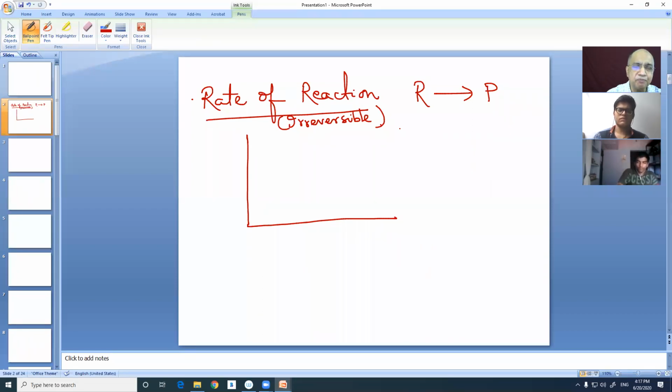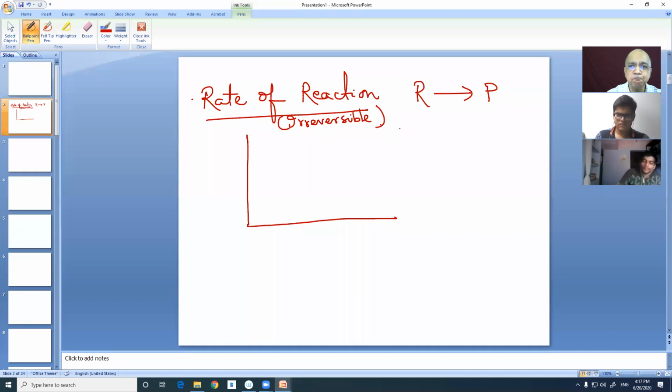But here, the concept is the same, but it is more experimental than theoretical. Now, the rate of reaction decreases, the rate at which the reactant is converted to product goes on progressively decreasing.